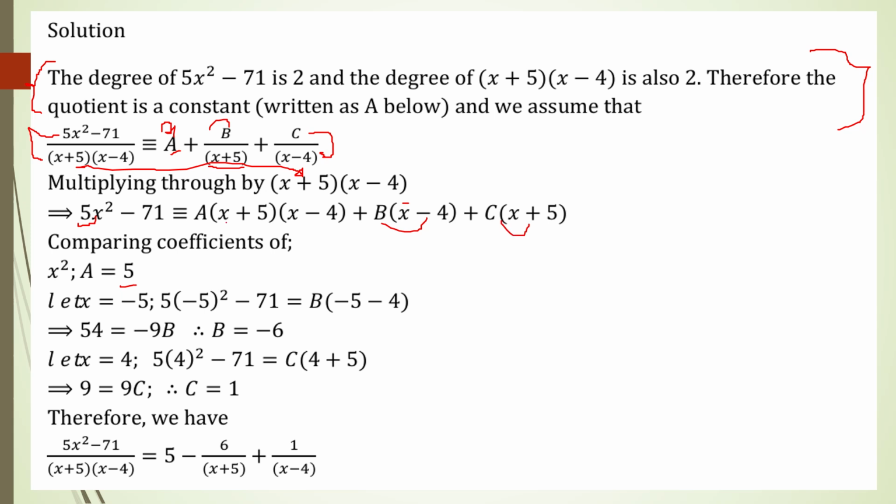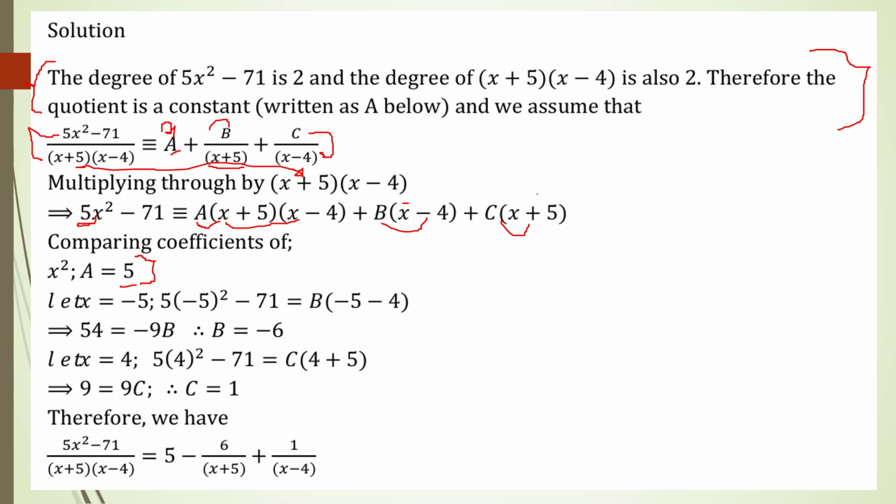But on A, after opening up these brackets, the coefficient of x squared is only A. That's why we told you that when you compare coefficients of x squared, you get your value of A equal to 5, simply because on the left hand side is 5 and on the right hand side is only A. So A is going to be equal to 5 straight away.